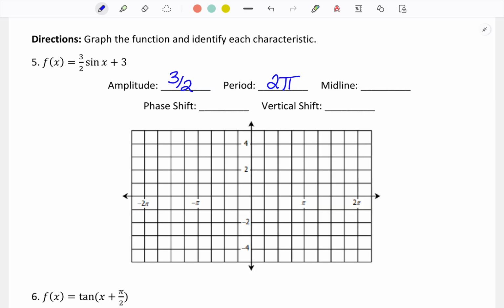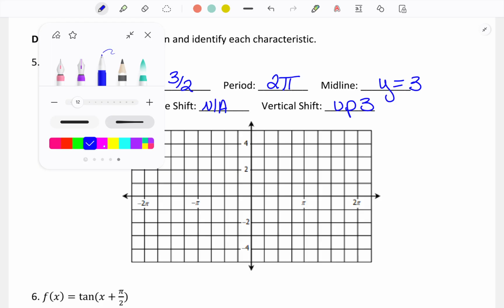Our midline is going to shift up 3 because we have a vertical shift that sends us up 3 units, so our midline is y equals 3 because that was our k value. Now our phase shift, we do not have one this time, so we're just going to mark that as NA.